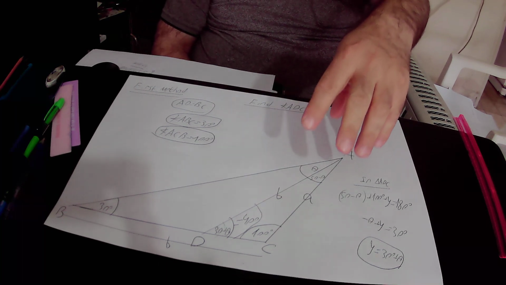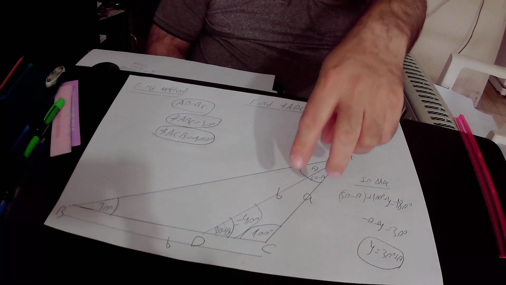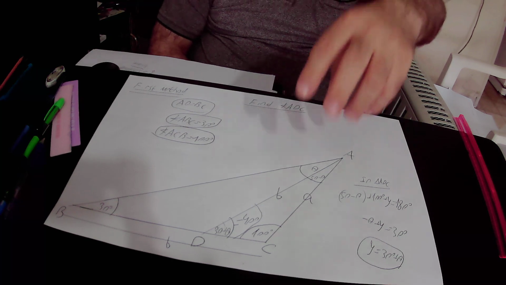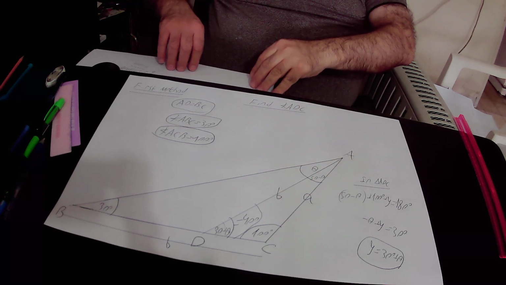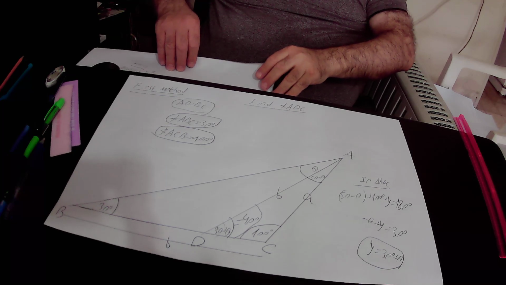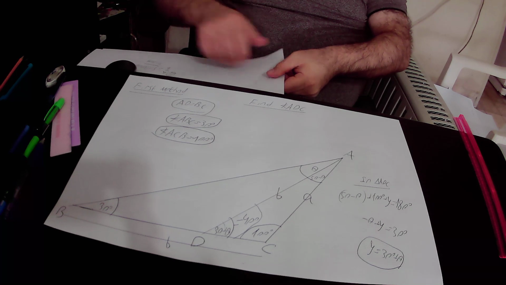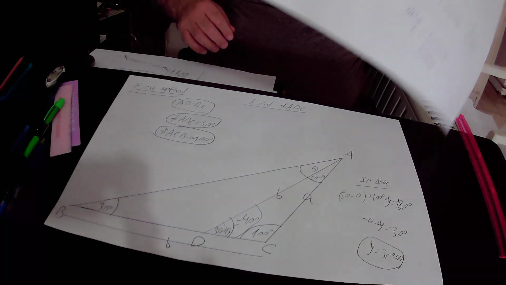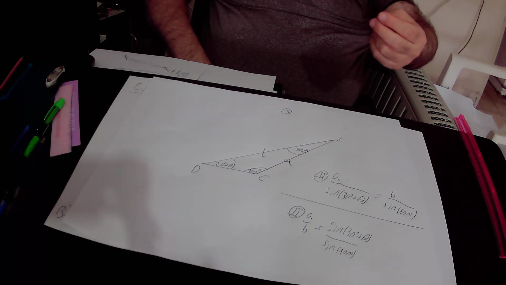After we found the values of all three angles in triangle ADC, we copied triangle ADC in a new page, and we implemented the law of sines in it. This is triangle ADC that I copied from the original drawing.